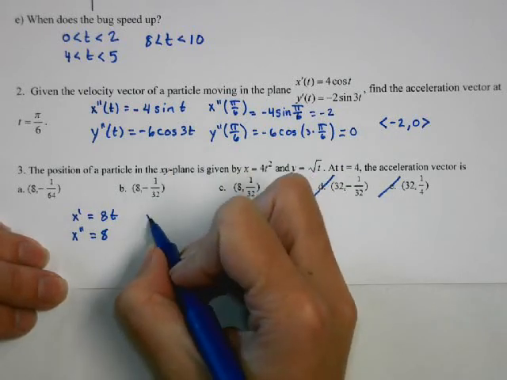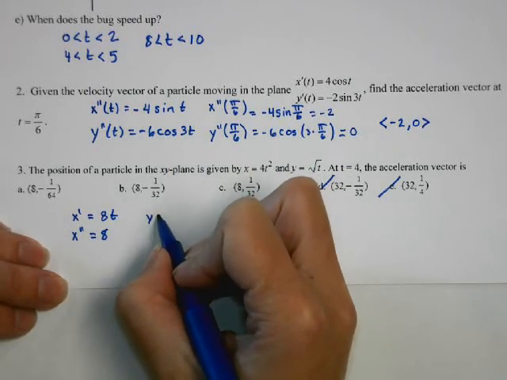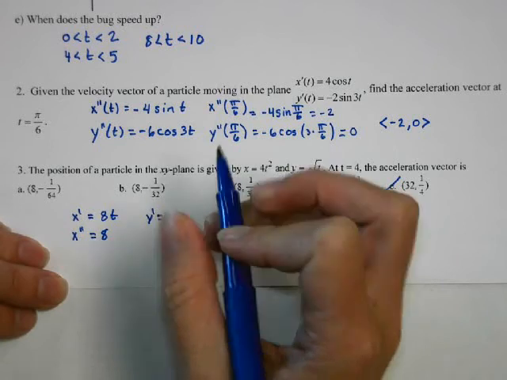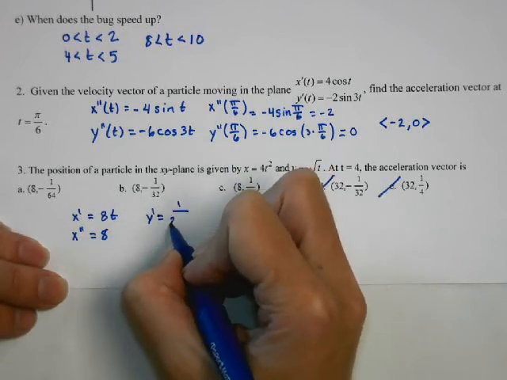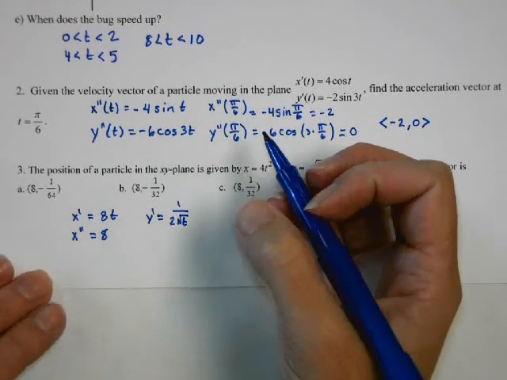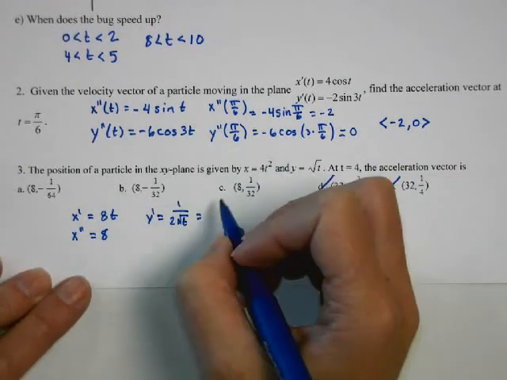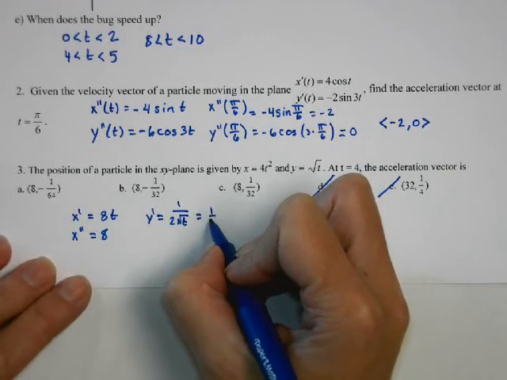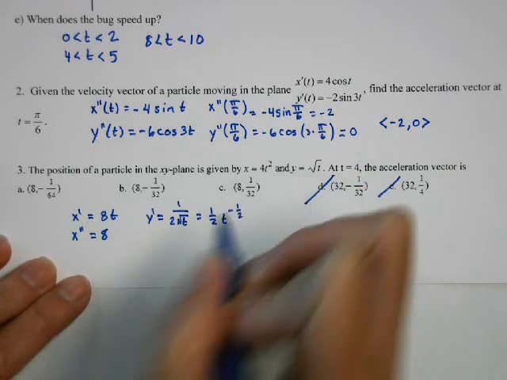Y is the square root of t, so y prime is going to equal 1 over 2 root t. It might make it easier to make this 1/2 t to the negative 1/2, since we have to take another derivative.